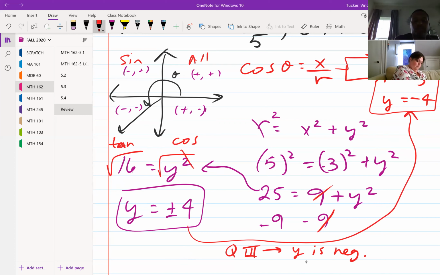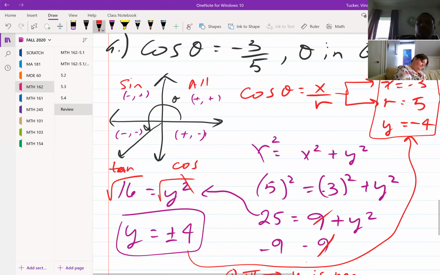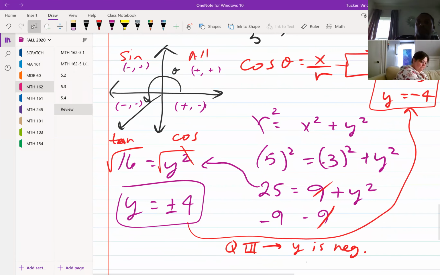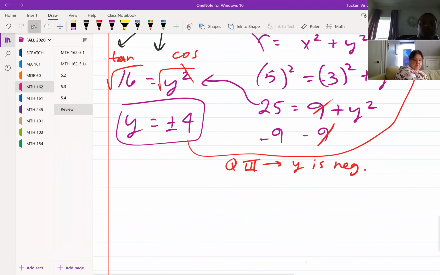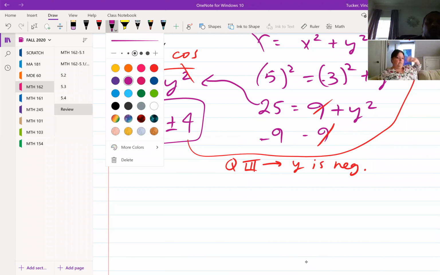Y will be negative in quadrant 3, and so will x. All right, so just rewriting.